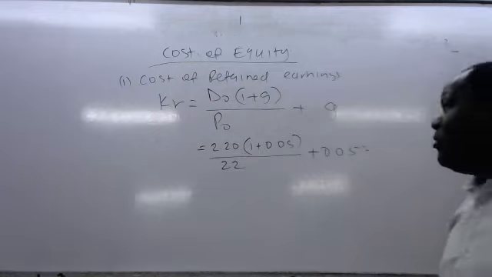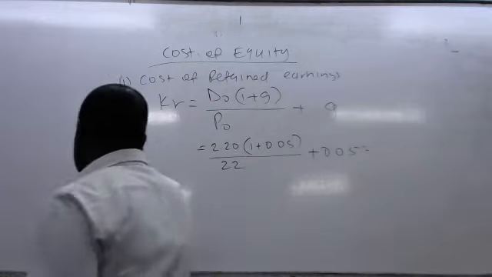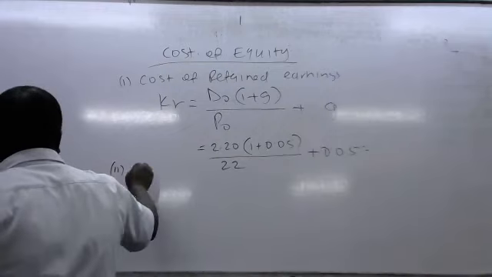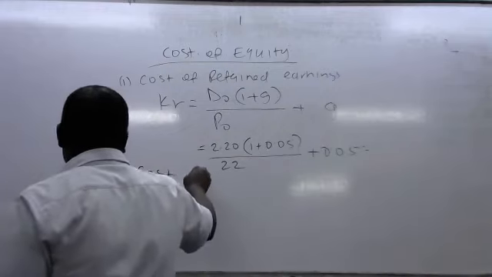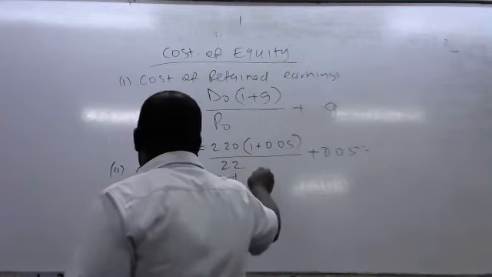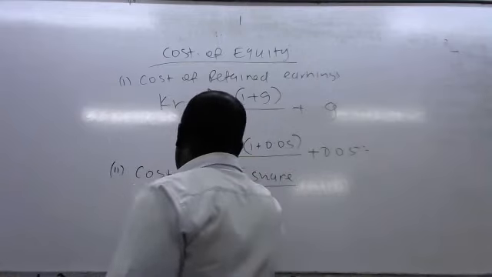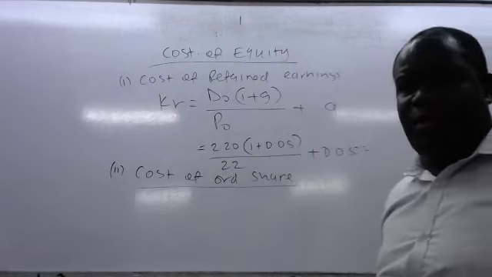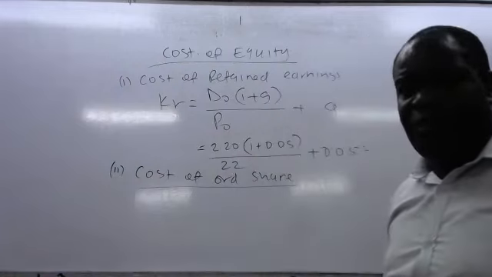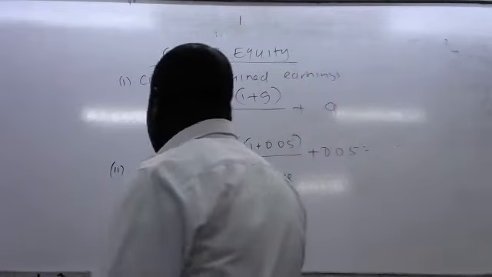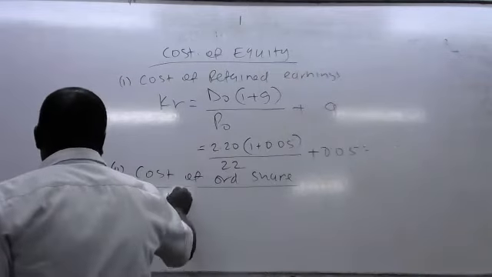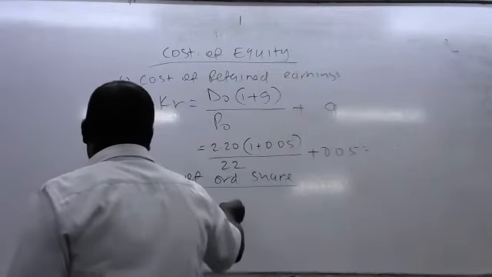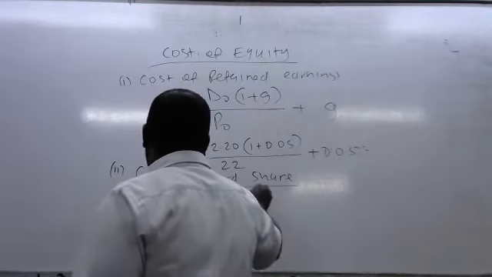We should also compute the cost of the ordinary share. The cost of the ordinary share is the same as the one for the retained earnings, but now there will be the flotation cost.